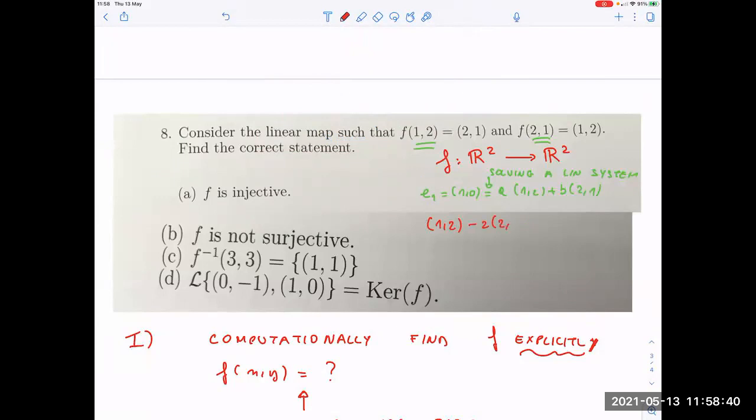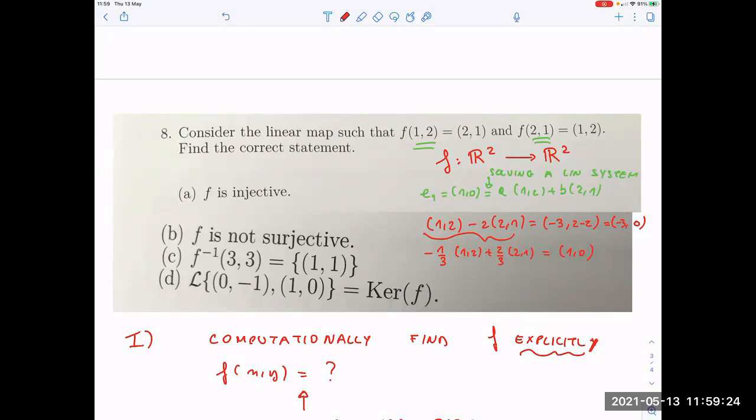So I subtract 2, 1, and what I get is 1 minus 4, which is minus 3. Then I get 2 minus 2, which is 0. So I get minus 3, 0. So if now I take this vector here and multiply by 1 over 3, I will get 1, 0. Do you agree with me about this?